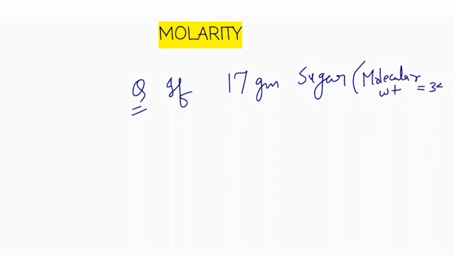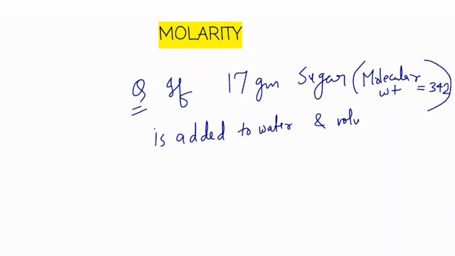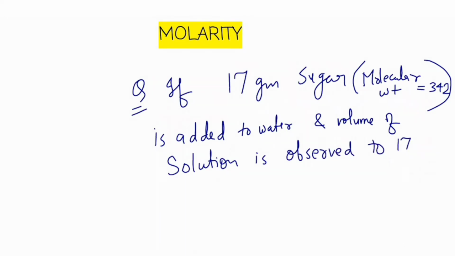Now this 17 gram of sugar is added to water, and the final volume of the solution so obtained is 170 milliliter. You have to calculate the molarity of this solution.